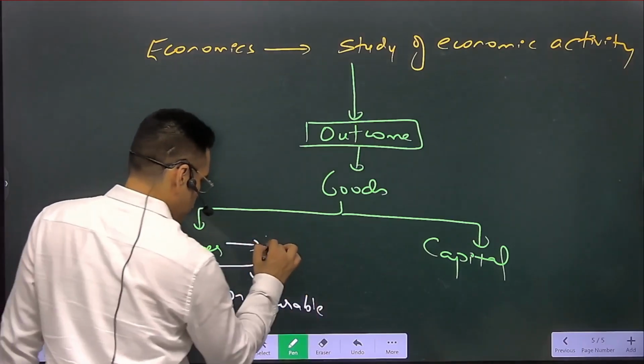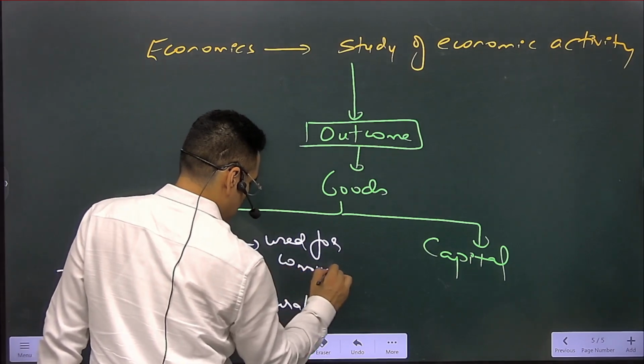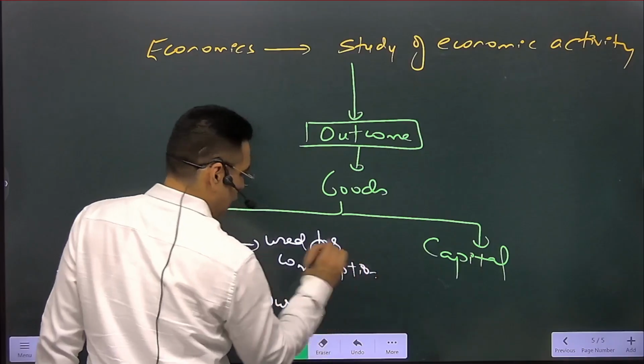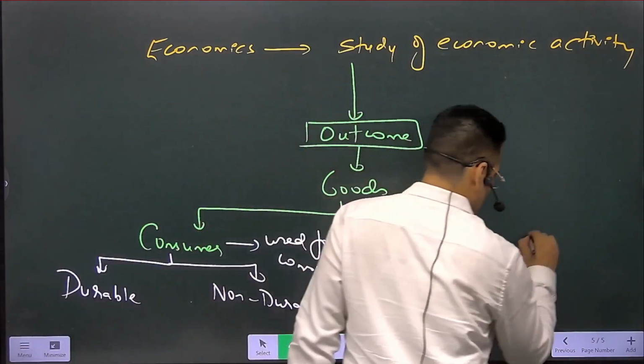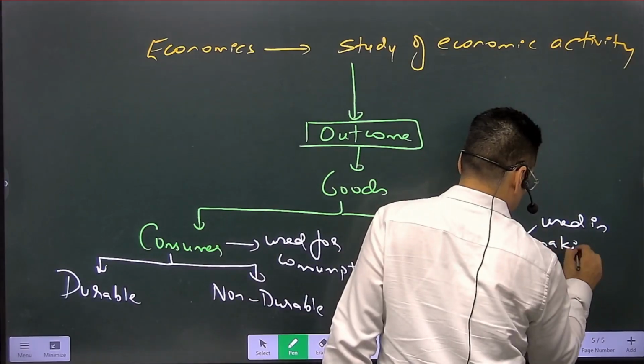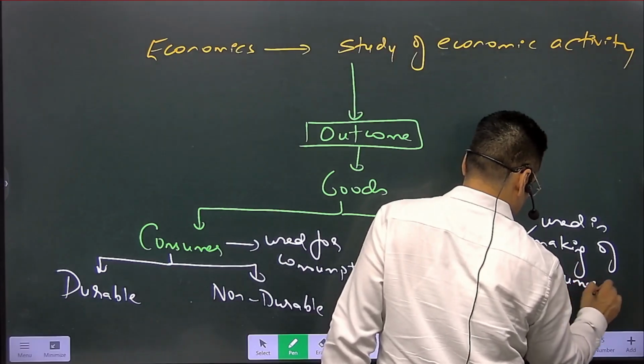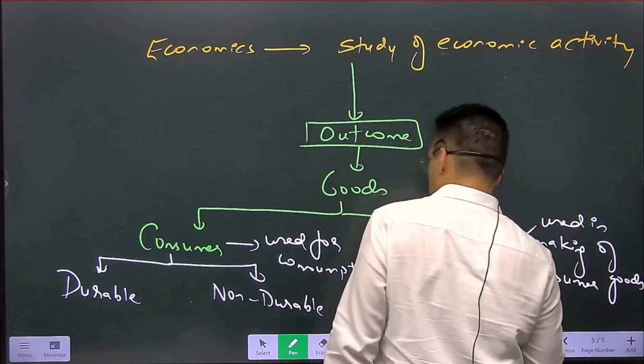Consumer goods used for consumption. Capital goods used in making of consumer goods. ठीक है?